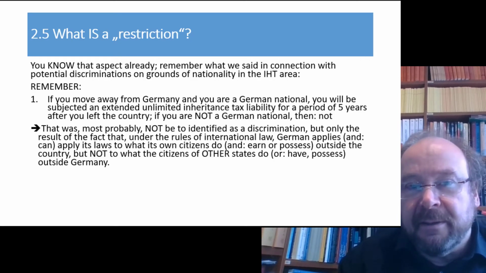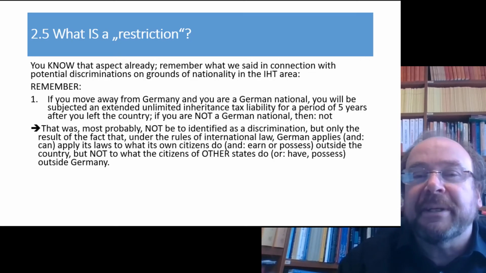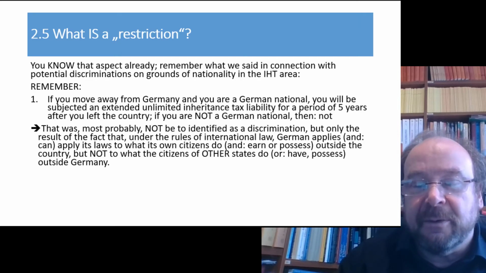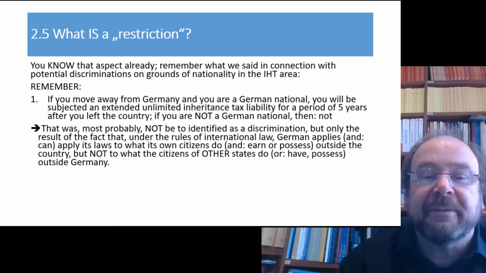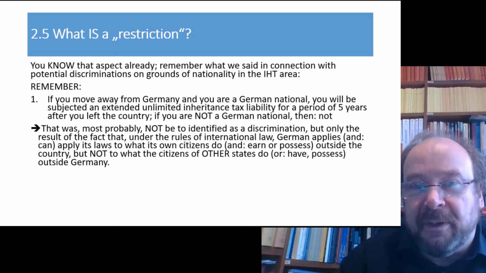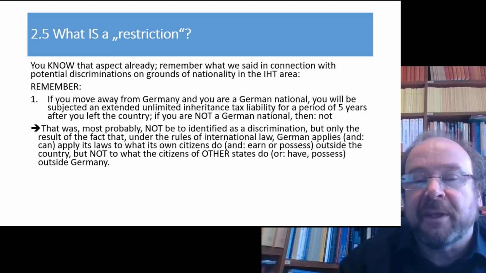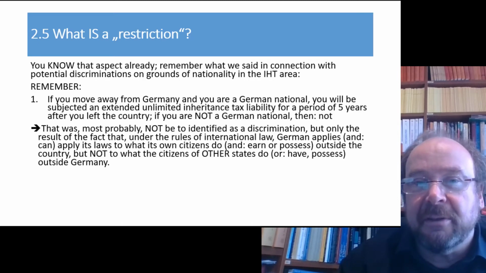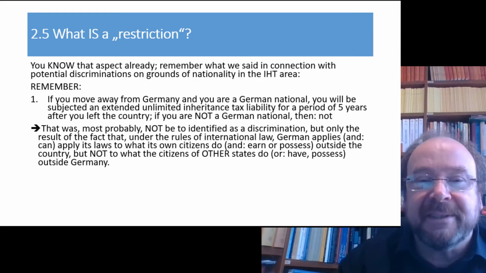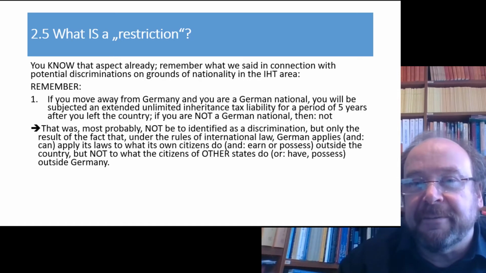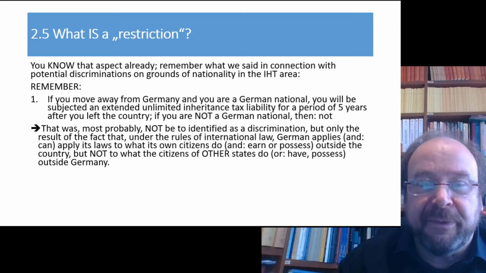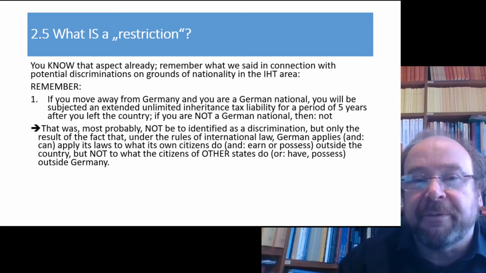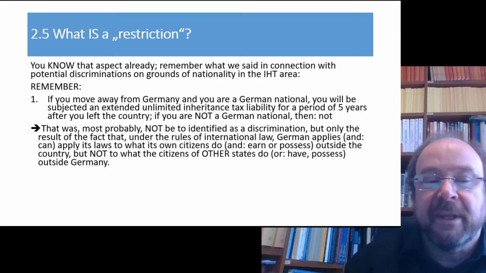And we already discussed that this probably is not a discrimination, or at least that it's difficult to call it a discrimination, because you could also explain this difference by the fact that under international law, Germany can apply its rules to German citizens and what they do abroad. Whereas if a foreigner lives abroad, international law does not permit you to regulate what the foreigner does in the foreign country.